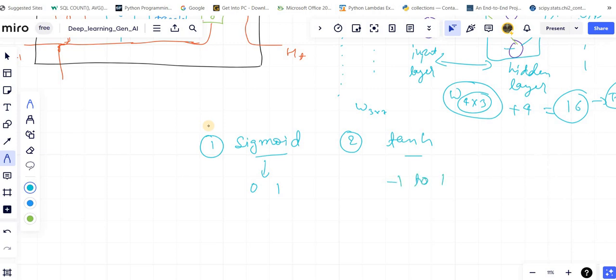Understand? Whatever input you give to the tanh function, the output will be between -1 and 1. And for the sigmoid, whatever input you give, it will give an output between 0 and 1.